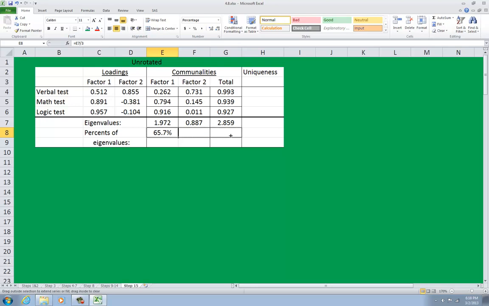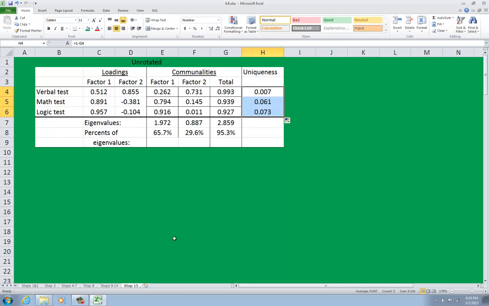Let's drag that over. And we can see 95.3% is the total. The uniqueness values for each of the variables are calculated by subtracting each of the total communalities from 1. So we can have this equal 1 minus the total communality, and 0.007.